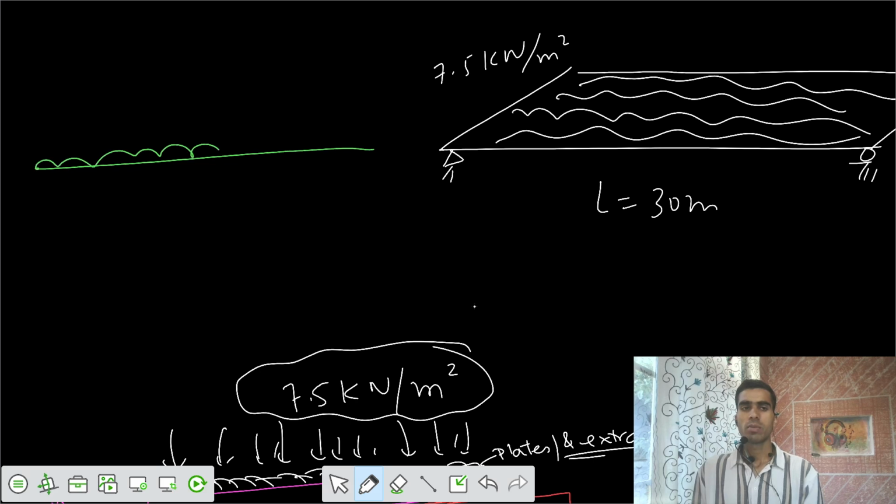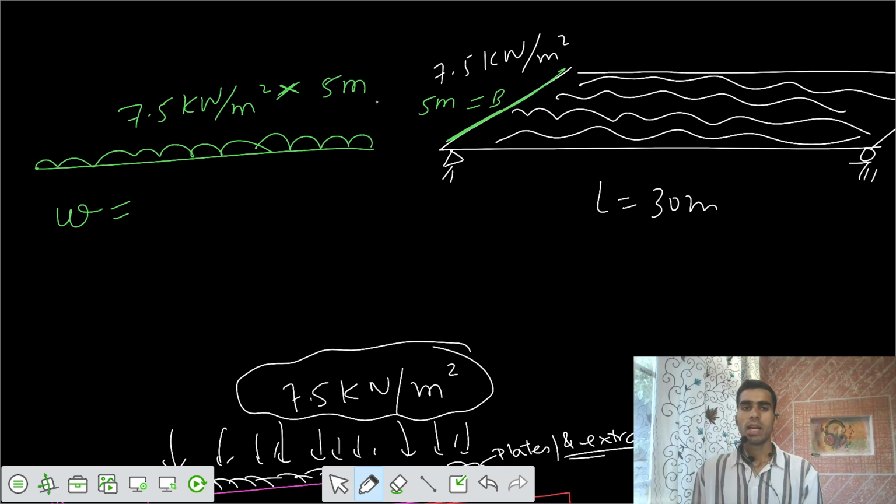The 7.5 kilonewton per meter square loading intensity would equal 7.5 kilonewton per meter square times that width. There is a width of 5 meters. So if I multiply, I get a loading intensity of 7.5 times 5, which equals 37.5 kilonewton per meter.